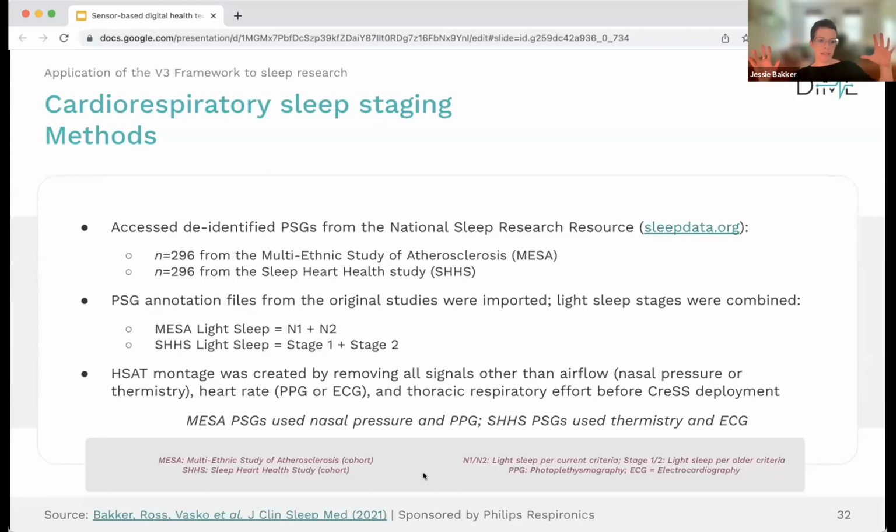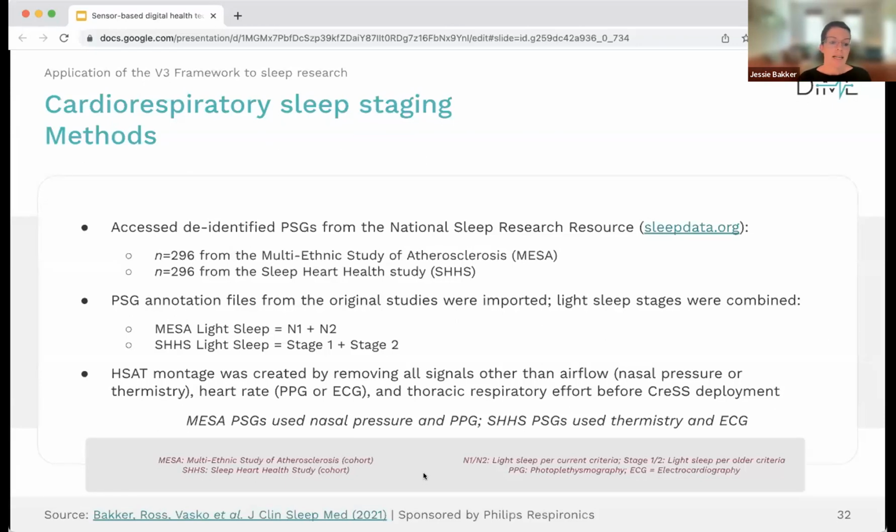After doing that, we created a home sleep apnea test montage by taking out all of the signals other than airflow, heart rate, and respiratory effort. And then using those three signals, we deployed the cardiorespiratory sleep staging algorithm, which generated an estimate of simplified sleep staging.